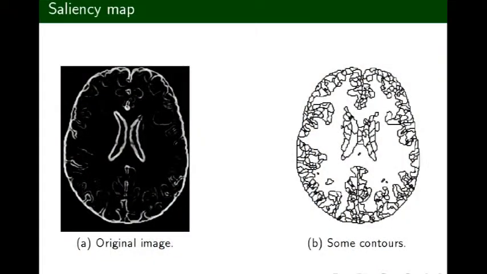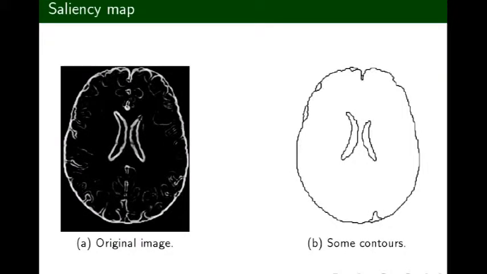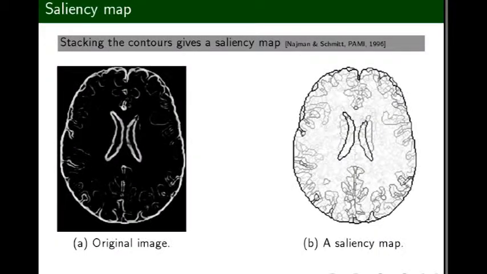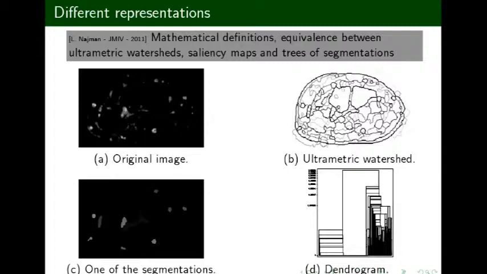So, before showing some more examples, I just want to introduce the saliency map, which is a kind of, well, we'll see. Well, from an image, you can obtain a set of segmentations. Here it's a simple segmentation, watershed, I believe, and you merge the contours according to some criterion. When you merge regions, you have fewer contours, but the nice thing is that the contours don't move.